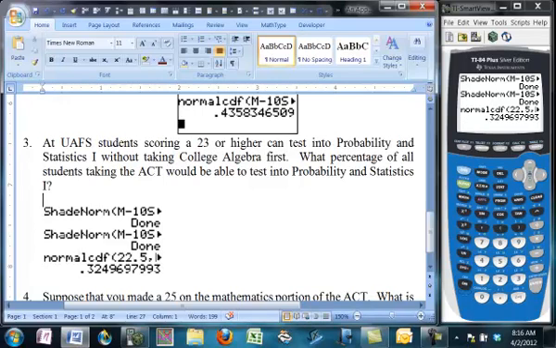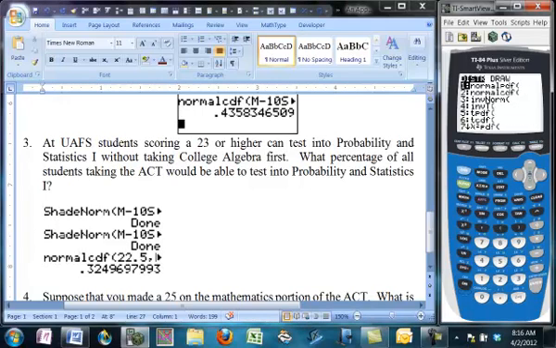We can also shade it if we like. Okay, go here, shade normal. We want to go from 22.5 again up to, well, to infinity. Well, we'll go from mean plus 10 standard deviations. That's good enough.